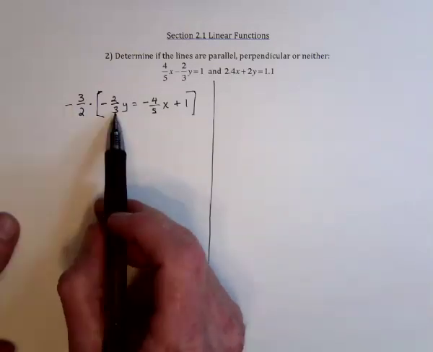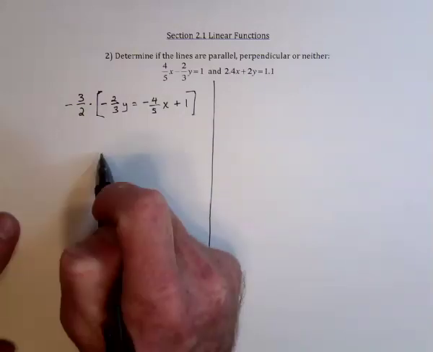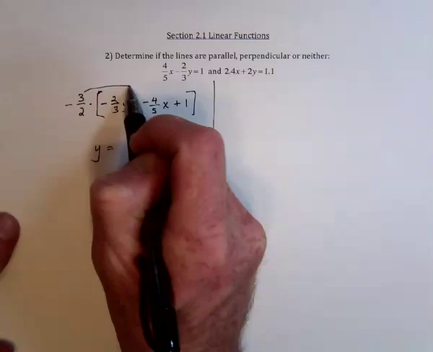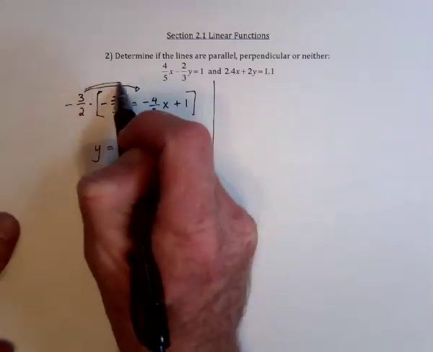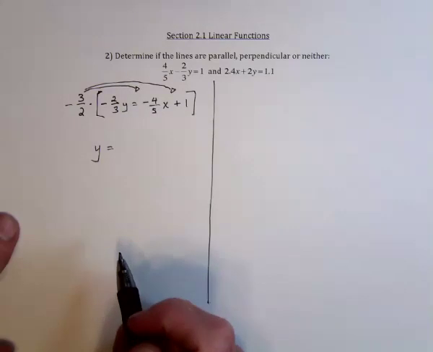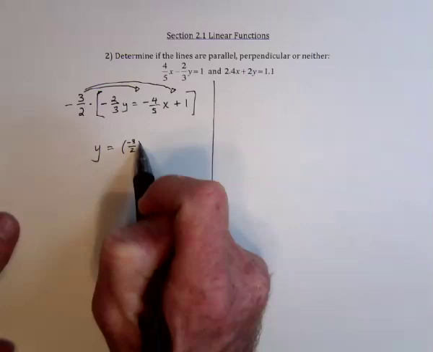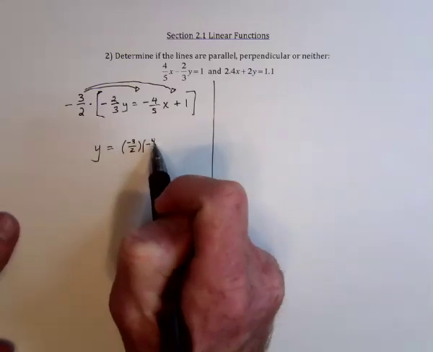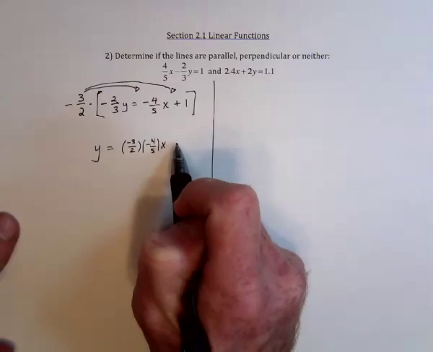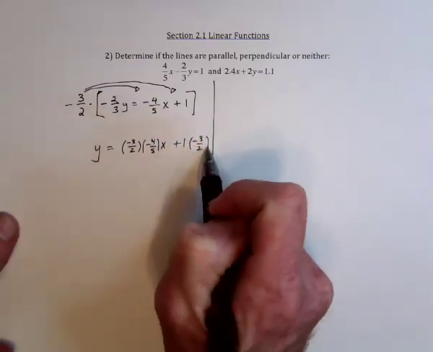When I multiply here, the 3's are going to cancel, the 2's are going to cancel, the negatives are going to cancel, it leaves just a y. I then need to distribute that so that all terms are multiplied by -3/2, and I would have -3/2 gets multiplied with the -4/5 x, and then I also need to multiply the 1 by -3/2.